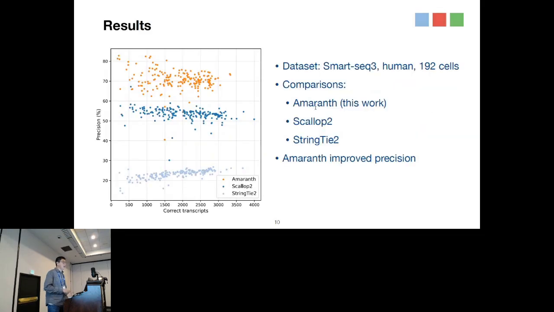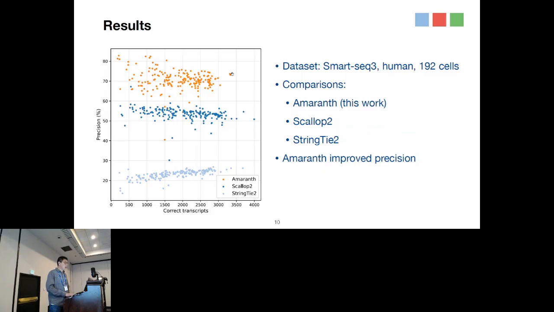And we tested on some preliminary results. We compare three methods: this current one, Amaranth, and two other assemblers, GLBIO and StringTie2, on one Smart-seq3 dataset with 192 human cells. The x-axis shows the number of correct transcripts, which is proportional to sensitivity, and the y-axis shows the precision.